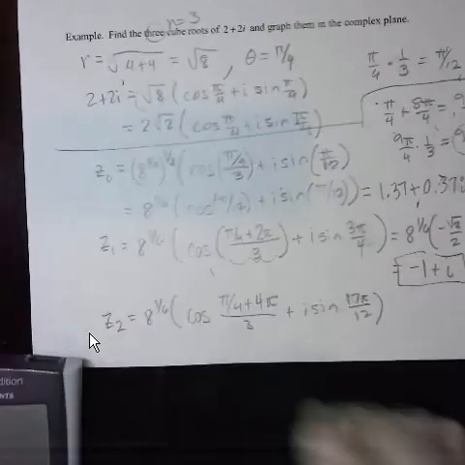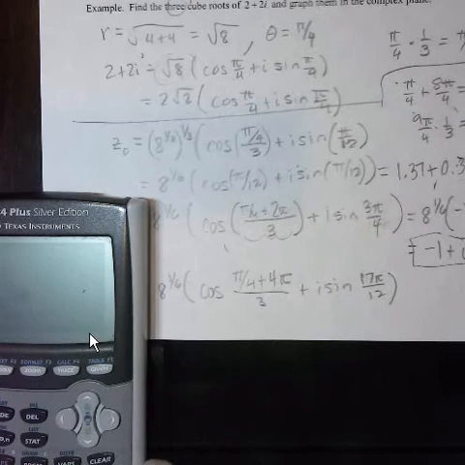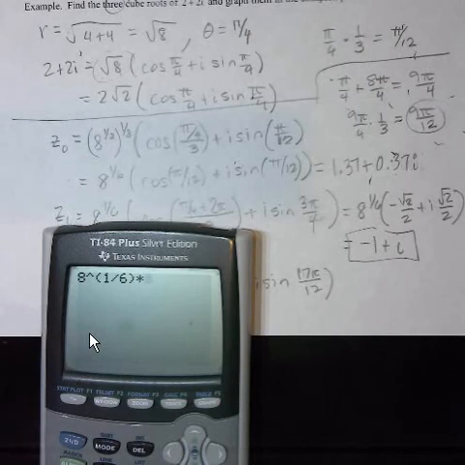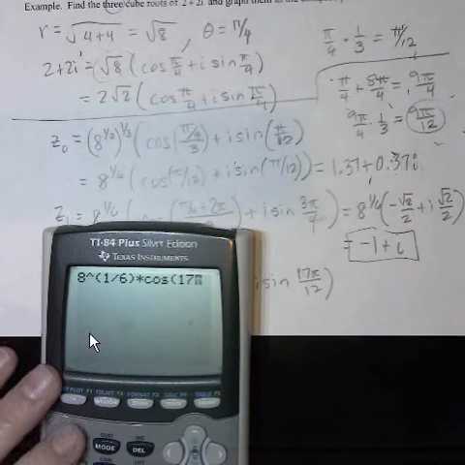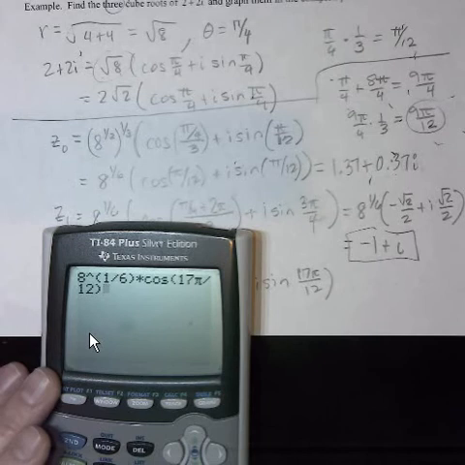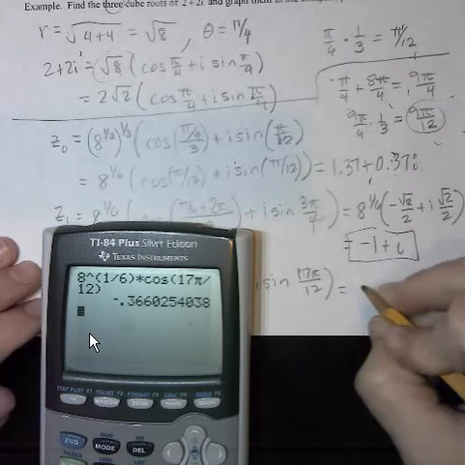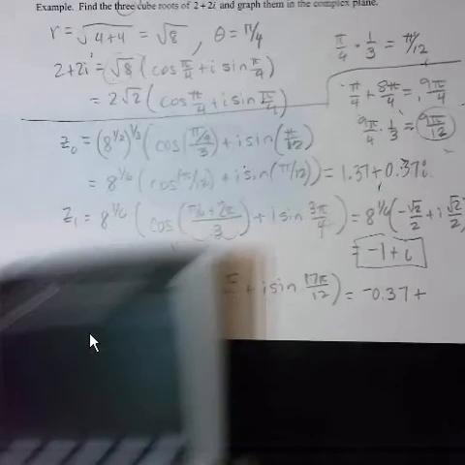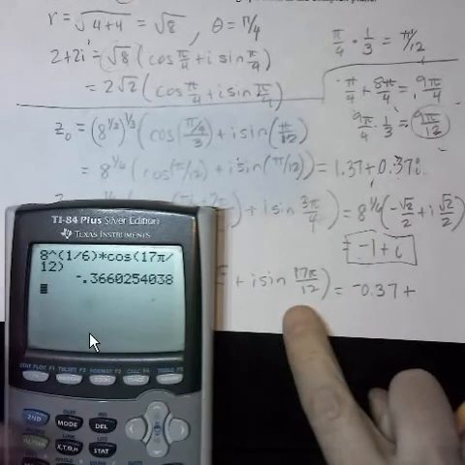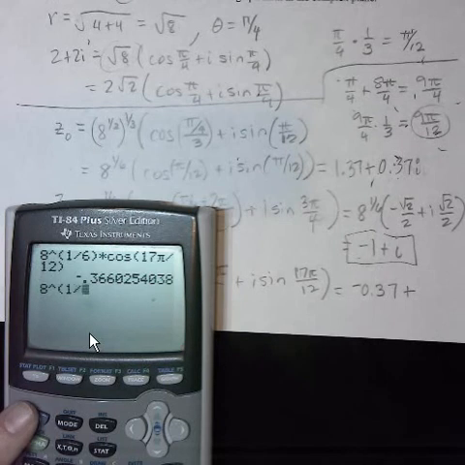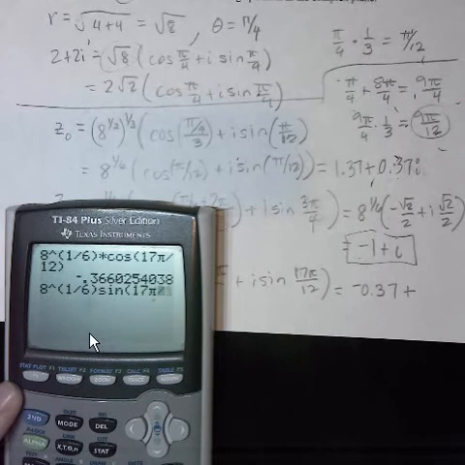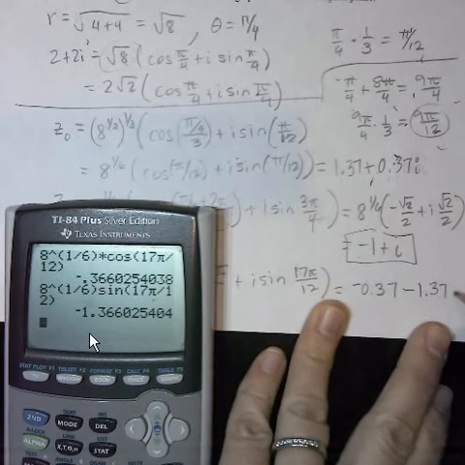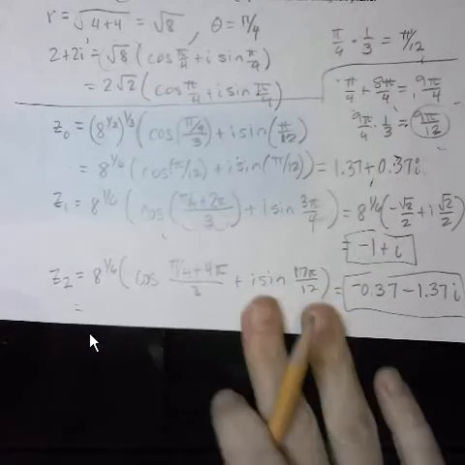So 8 to the 1/6 times the cosine of 17 pi divided by 12, so negative 0.37, plus 8 to the 1/6 sine 17 pi divided by 12, minus 1.37i. That's my third root.